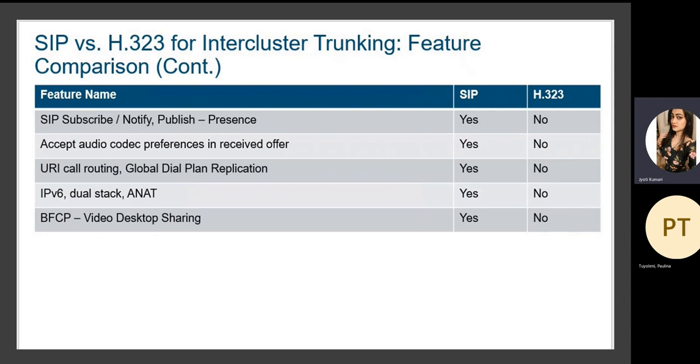Continuing this, some other features like SIP subscribe, notify, publish, and presence information are there in SIP but not H323, not all of these. Except audio codec preferences in received offer, SIP does that but not H323. URI call routing and global dial plan replication are supported in SIP but not H323.